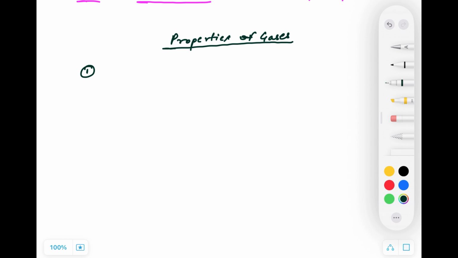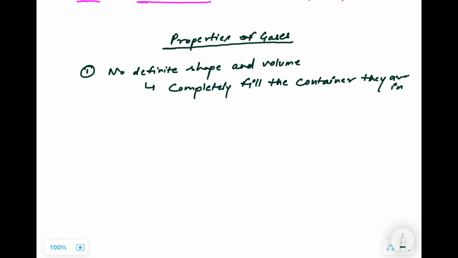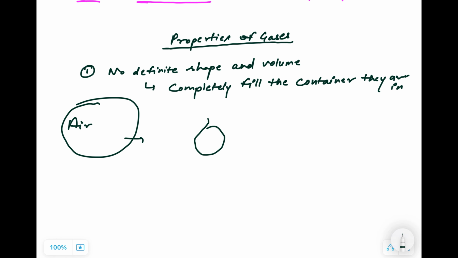The first property of gases is that they have no definite shape and volume, and because of this, they completely fill the container they are in. We know air fills up the entire balloon or a room, taking its shape and volume.